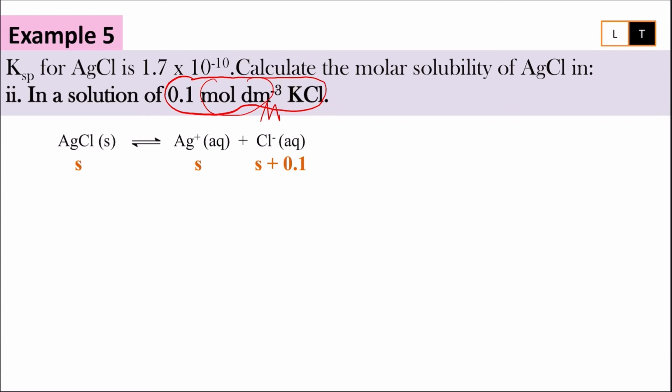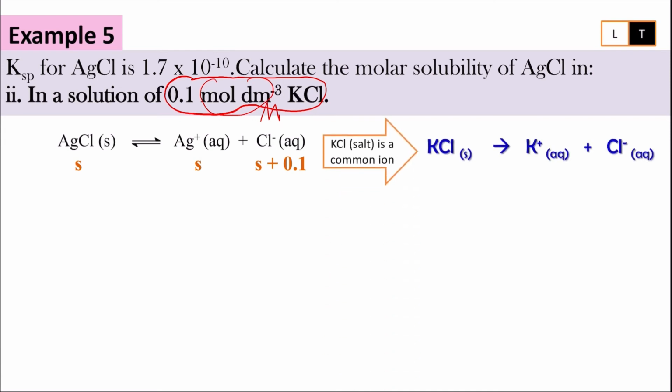So macam mana saya boleh tahu tu? Cuba buat equation untuk KCl, awak akan nampak dissociation menghasilkan K plus dan Cl minus. After that, awak boleh nampak Cl minus adalah common ion. Then, kita akan continue to write the expression for KSP. You will have this one.